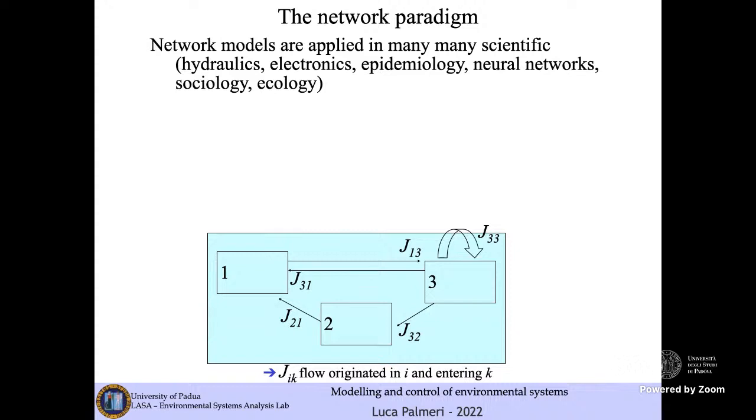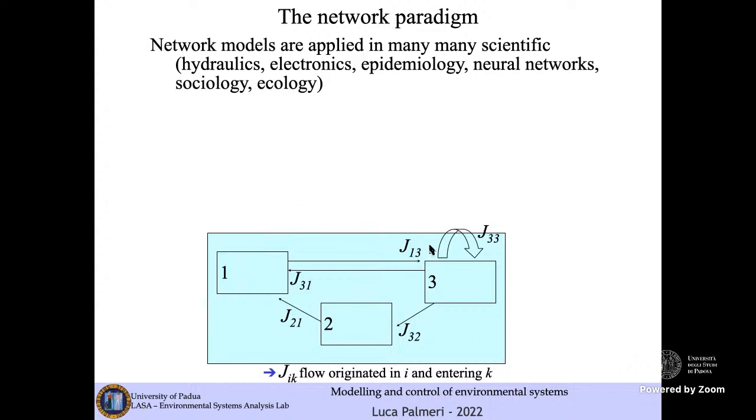Of course, we use the network paradigm. We have already seen the boxes and arrows modeling scheme. Network models are applied in many scientific fields, for example, from hydraulics, electronics, epidemiology, neural networks, sociology, and in particular ecology. I recall to you the network paradigm of arrows and boxes.